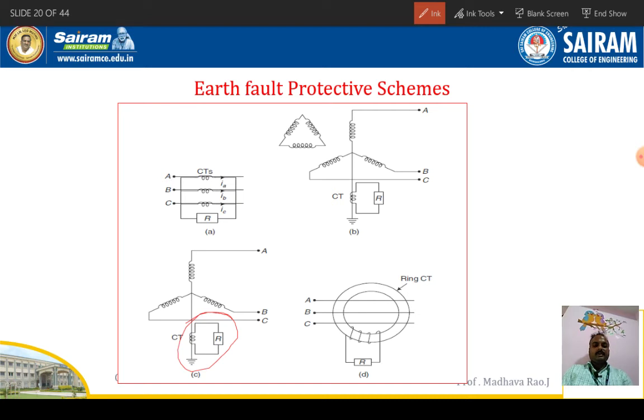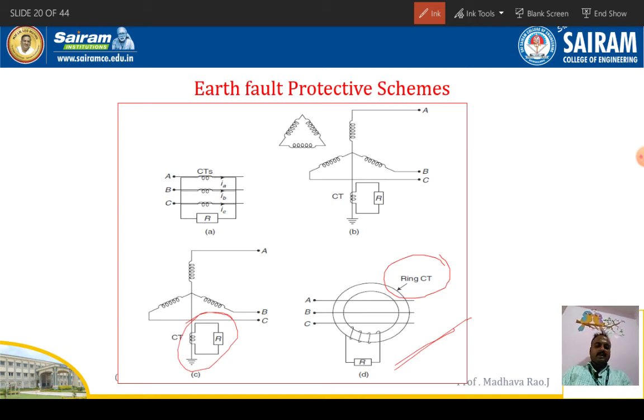So coming to the transmission lines or distribution lines, this is figure D, which has a current transformer ring. All three windings have a current transformer ring.